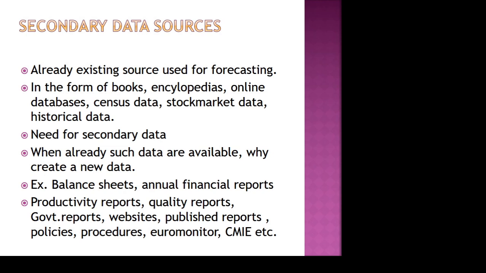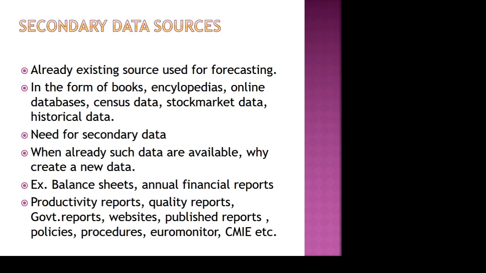That's the straight answer. So therefore, you could find secondary source of information in various balance sheets, various annual financial reports of the companies, productive reports for operations people, quality reports for operations people, government reports, government websites, published reports, government policies, company policies, procedures, and then you have a very popular database called Euromonitor, which includes sector-wise information about the companies or business sectors.